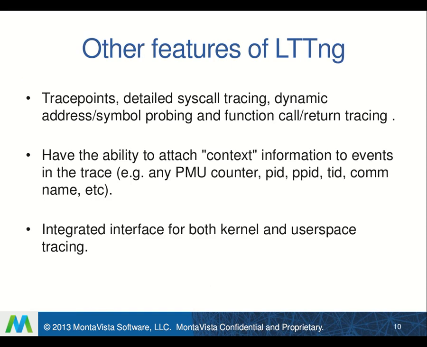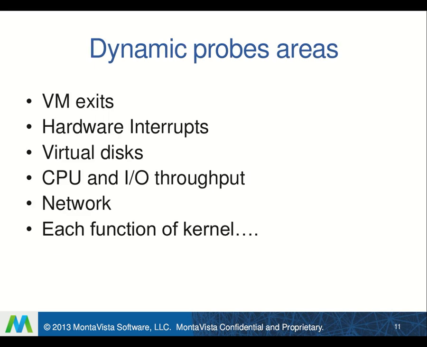Now we will look at other important features of LTTng, like attaching dynamic probes and context info. We can analyze VM entry, exit, interrupt, CPU, network, etc. from the dynamic probes.